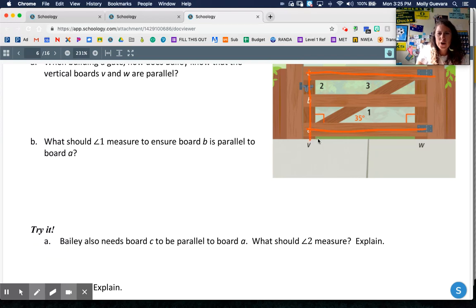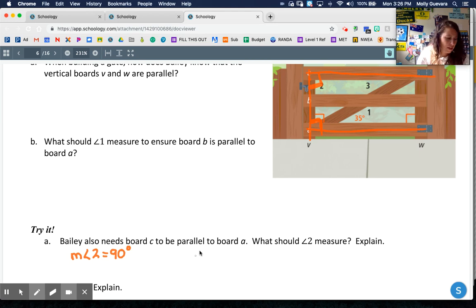And I know that A and V are 90 degrees. So same side interior has to add to 180. So 180 minus 90 is 90. So in order for that to be true, that would have to be 90. So the measure of angle 2 has to be 90 degrees.